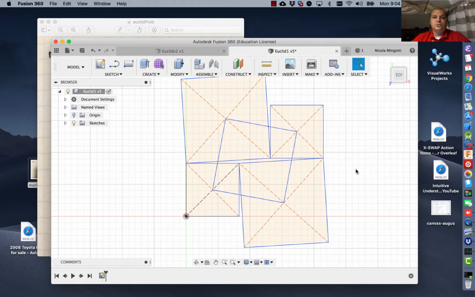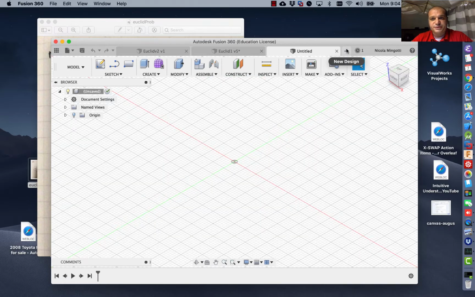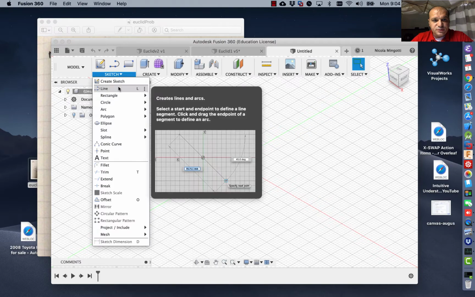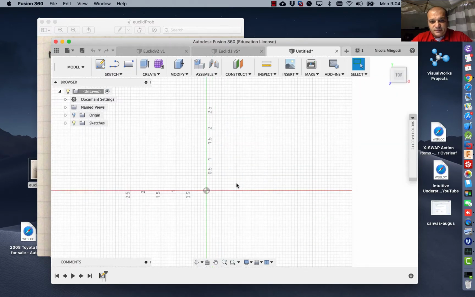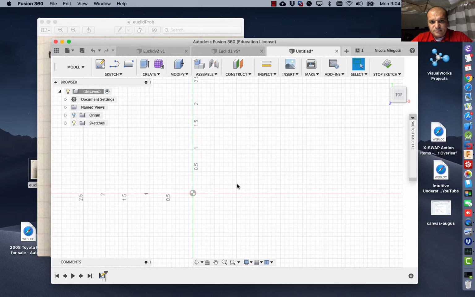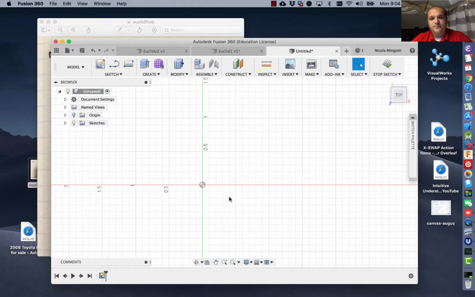So let's see how to build this drawing in Fusion 360. Sketch, create sketch. Let's select a plane. Okay, let's build the square first of all.